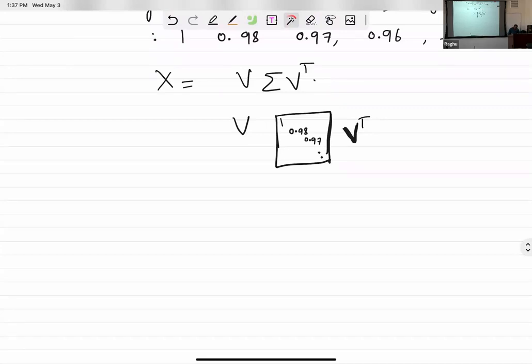So let's say the first singular value is 1, the next is 0.98, and the rest are 0.97 or something. If I look at the matrix X minus 0.96 times identity, I'm subtracting a multiple of the identity from this matrix X. What are its singular values?